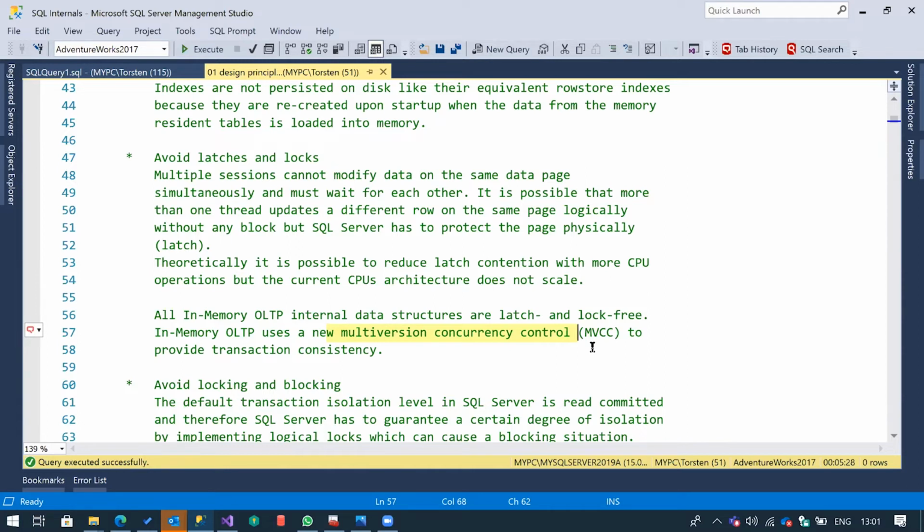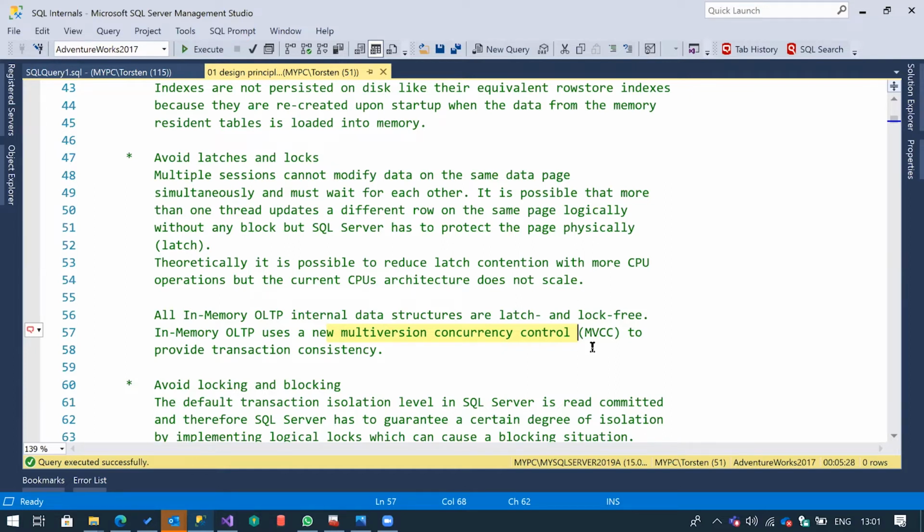That means I have something like RCSI, read committed snapshot isolation, which works in TempDB, which has its own impact. That is for sure a way to avoid writer-reader, reader-writer locks in a traditional database engine.